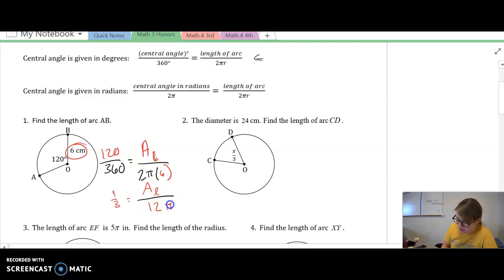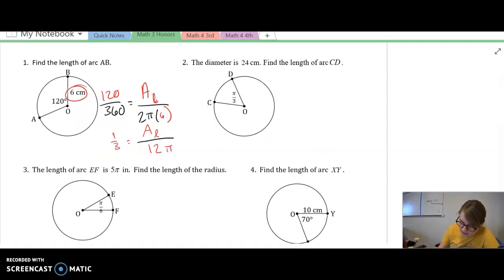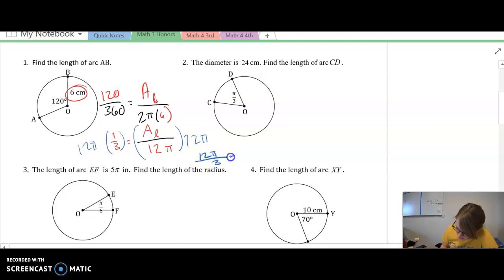It's just going to be easier for us to deal with. So then our last thing is going to be multiplying everything by 12 pi, and we will have, in the end, 12 pi over 3 equals my arc length.